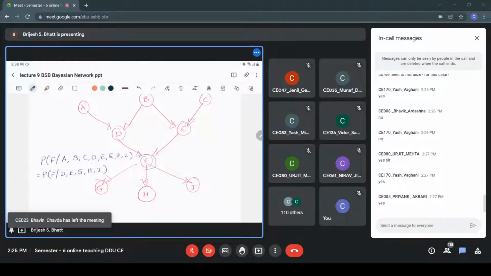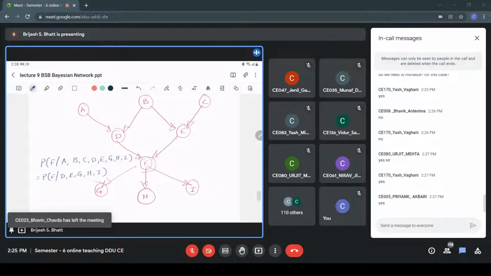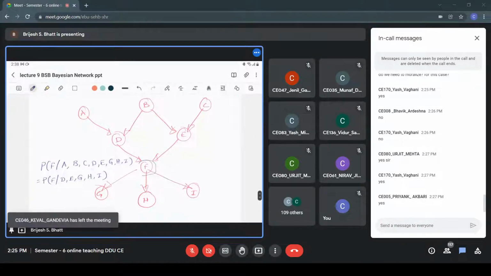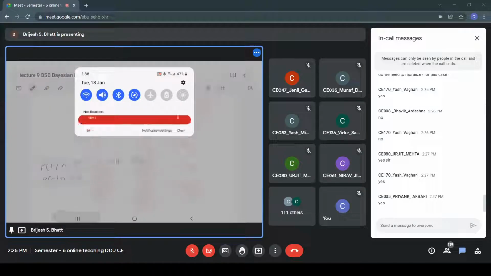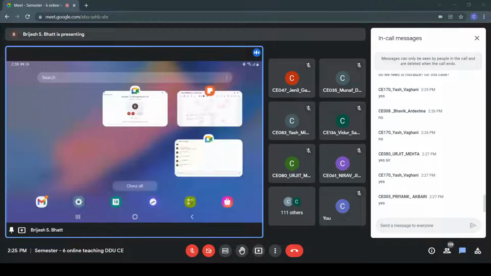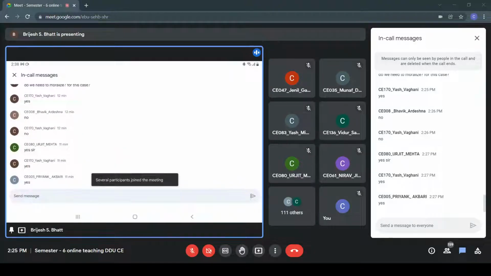Right? Do you agree with this? If you agree with this, the purpose of the lecture is served. If you agree, please type in agree. Do you understand this? Let's see how many of you are saying we agree. Okay, many of you are saying yes.